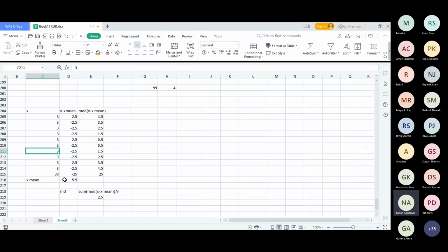What is the value of x mean? 30 by 10 is 3. So x minus x mean becomes 0 for all, the sum is also 0, and 0 by 10 is 0. So the mean deviation comes out to be 0 when all the values are equal.